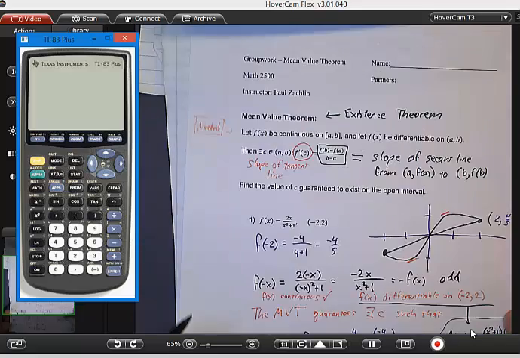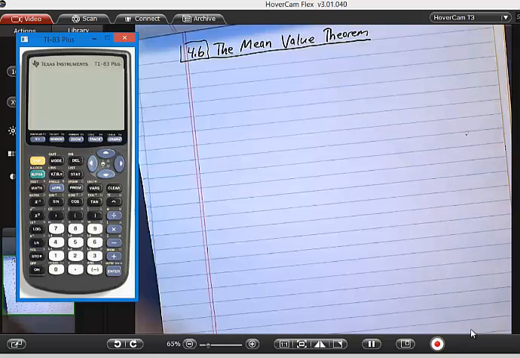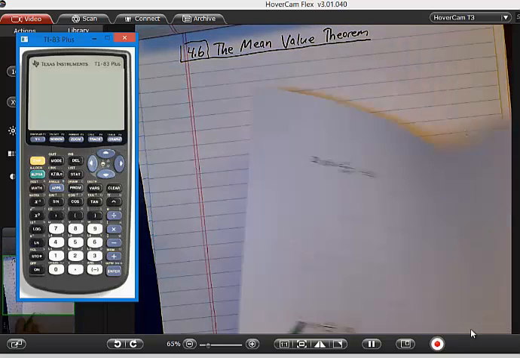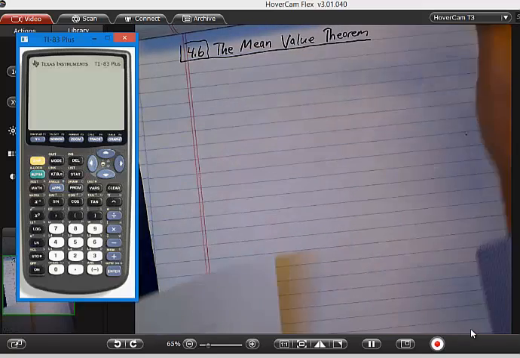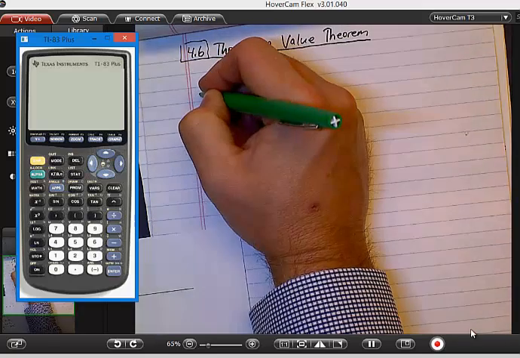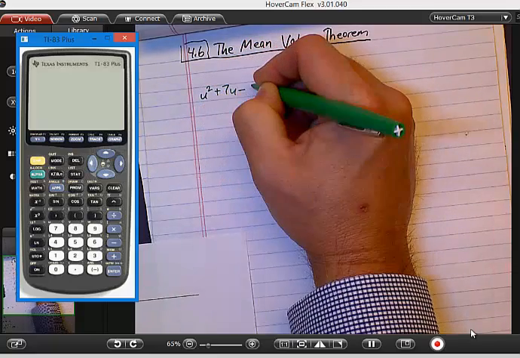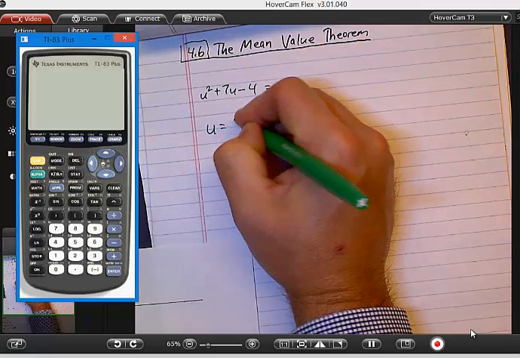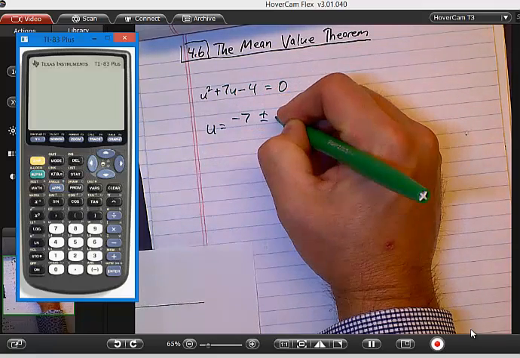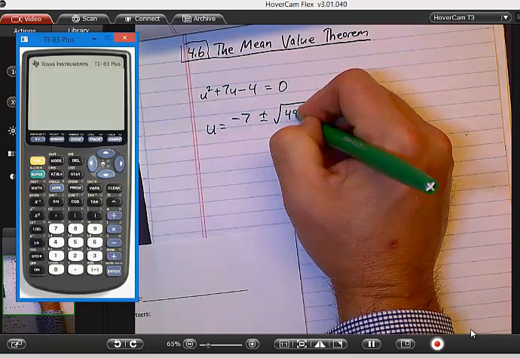Huh? Well, let's see. I better do a little work somewhere. Let's do it here. So u squared plus 7u minus 4 is 0. u equals negative 7 plus or minus the square root of... Jeff, are you with me or do you have a question? No, I'm good now.